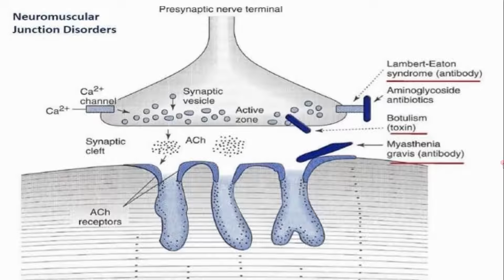So you see, there are three types of botulinum toxin: A, B, and E, which are toxic to humans. A and E cause cleavage of the SNAP25 proteins. And the B cleaves synaptobrevin.